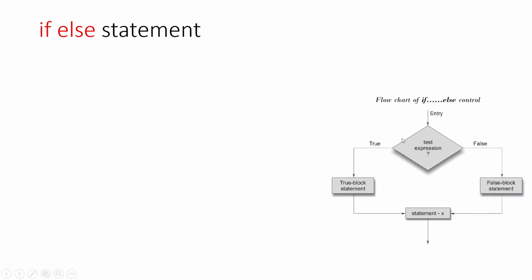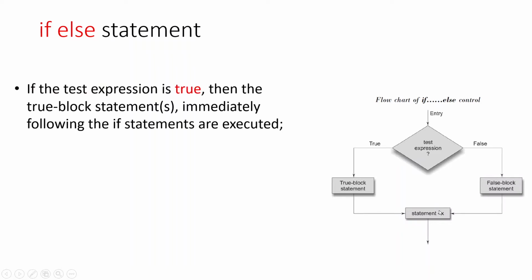That means if it is true, it will go for the true block statement. If it is false, it will go for the false block statement. In both cases, it will commonly go to statement X. Only if it is true, this path will be taken. If it is false, this path will be taken.